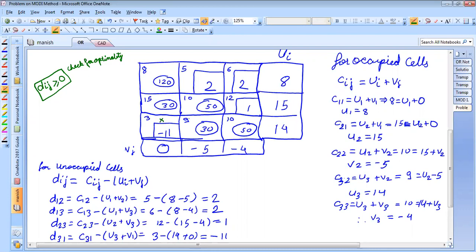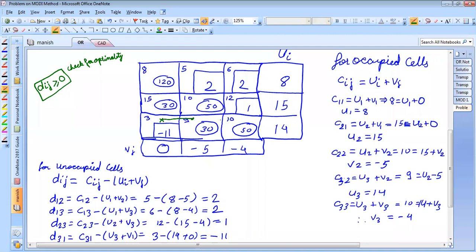From this point, we will go either in this direction or in this direction. Let me go in this direction. If I go here, I'll reach this point. From here, I can go straight or I can go up. If I go straight, I'll end up here. This is an allocation, so I can move up. But once I move up, there is no allocation in these cells, so I will not be able to take a turn.